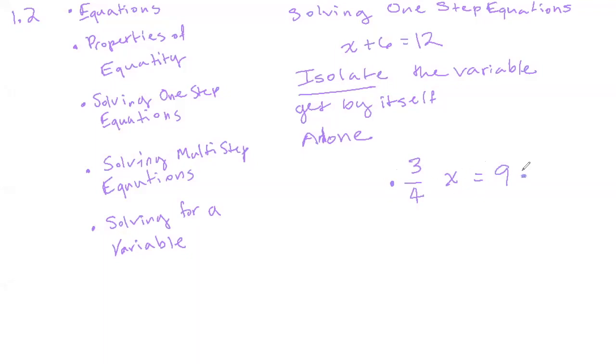I'm going to multiply by 4/3. Why would I multiply by 4/3? You want to cancel the 3's and you want to cancel the 4's, right? So we multiply by flipping this fraction. We call that the reciprocal. So you take the reciprocal of 3/4, which is 4/3, and you're going to do that to both sides.